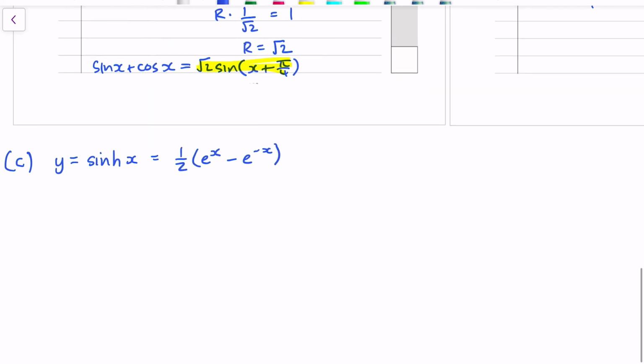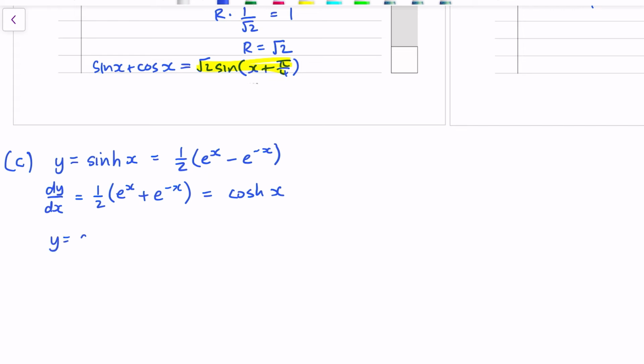So we could actually differentiate this. And the question says differentiate the inverse function, but let's just have a look at what we get when we differentiate this. dy dx is equal to, it turns out it's equal to cosh of x, but you might not know that. So we diff the right hand side. The half stays there, e to the x diffs to e to the x, minus e to the minus x diffs to plus e to the minus x, and voila, there is cosh of x. So just like when you differentiate sine and it goes to cosine, the hyperbolic sine differentiates to the hyperbolic cosine.